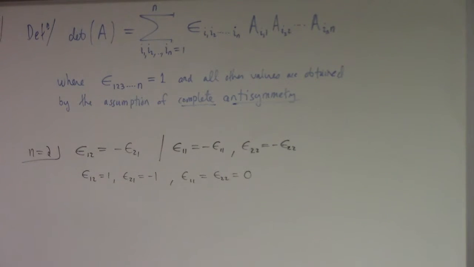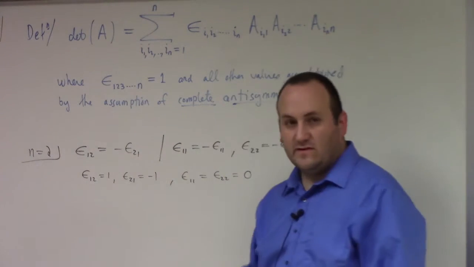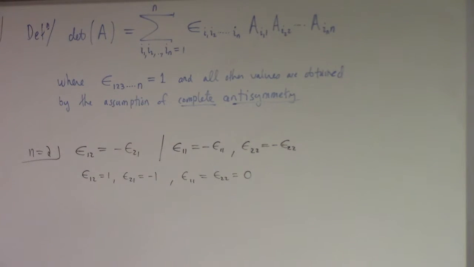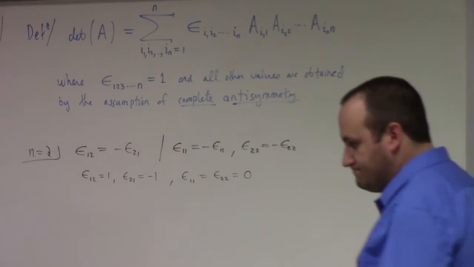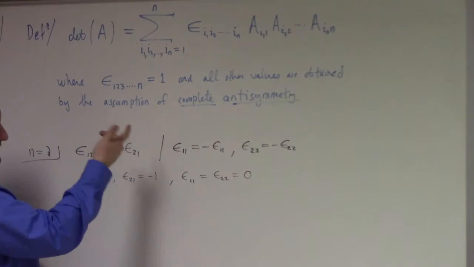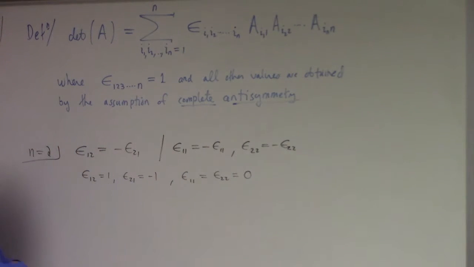The only way that epsilon I1 through In is non-zero is if all of the numbers 1 through n are in that list. So in other words, the indices have to be distinct for the epsilon symbol to be non-zero. And it's either plus or minus 1. So epsilon is either 1, minus 1, or 0.